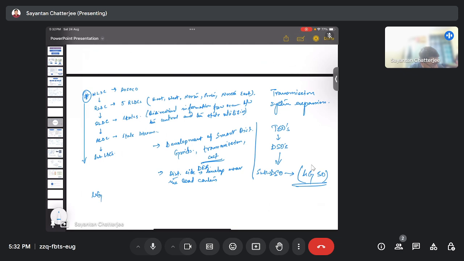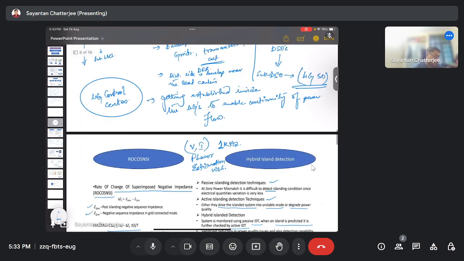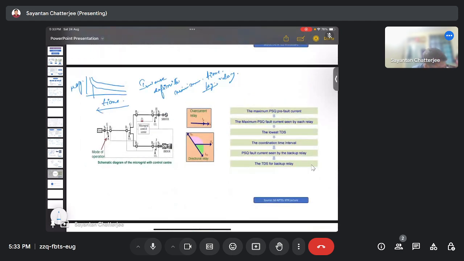Once microgrid control centers are getting established inside the microgrids to enable continuity, we need to have a microgrid control center.